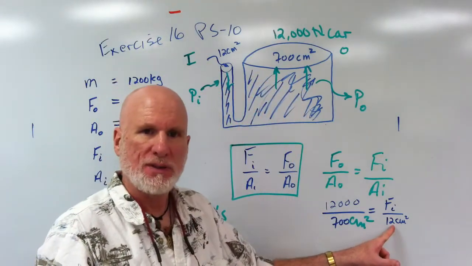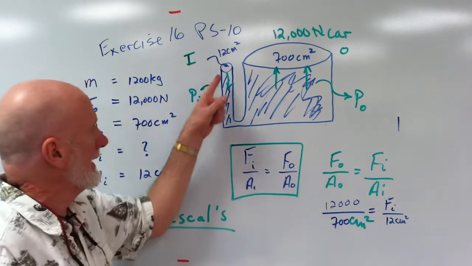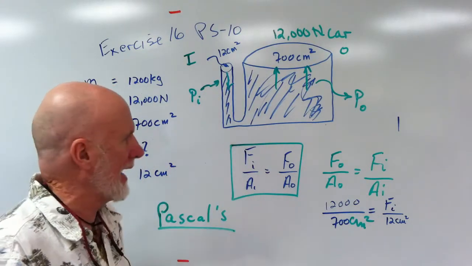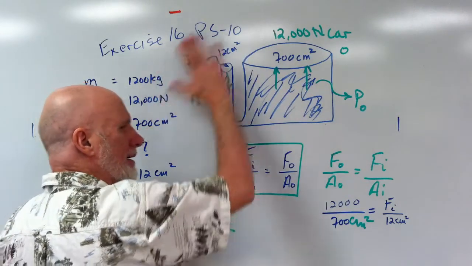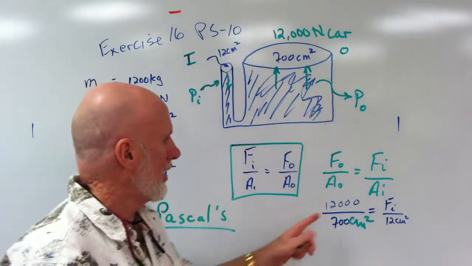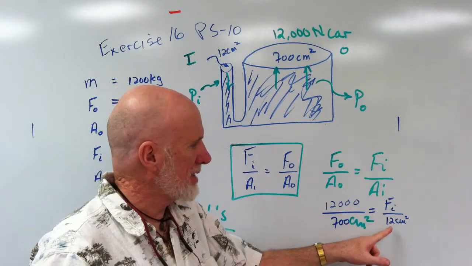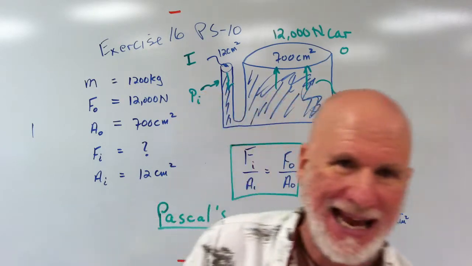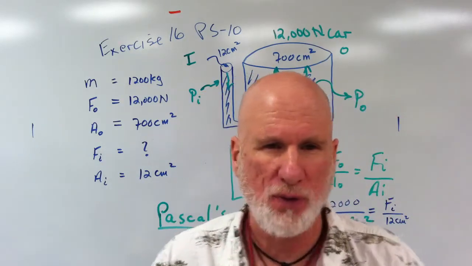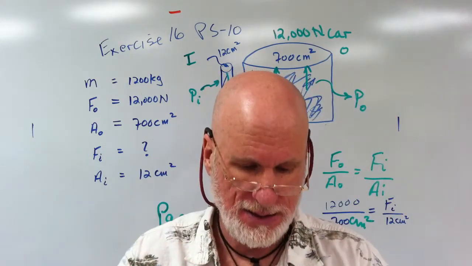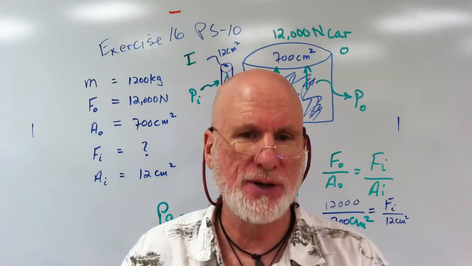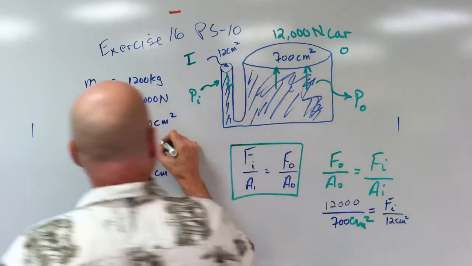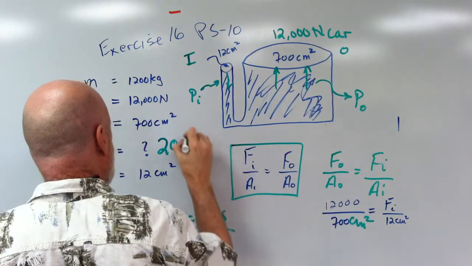And 12 centimeters squared is the input area. Input side, output side. So 12,000 times 12 divided by 700, and the answer is, I did this before we started, 206 newtons.